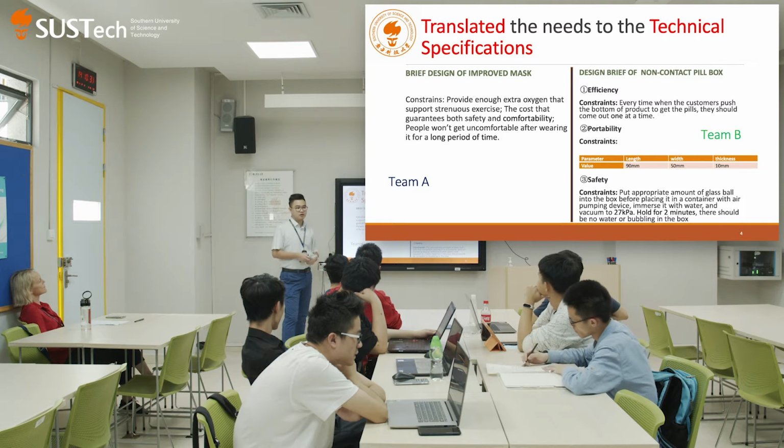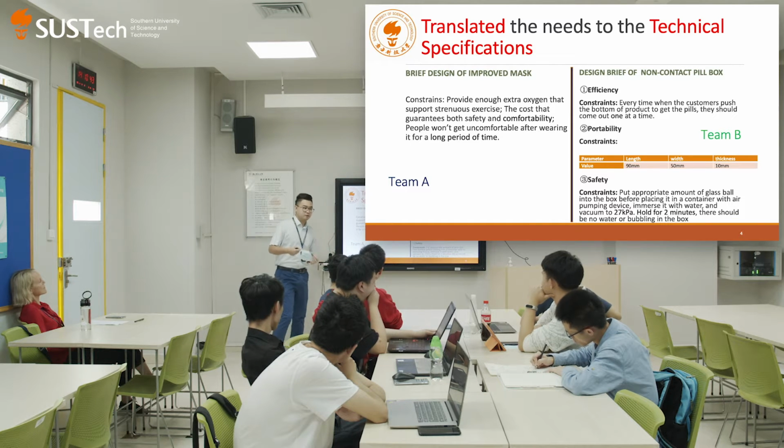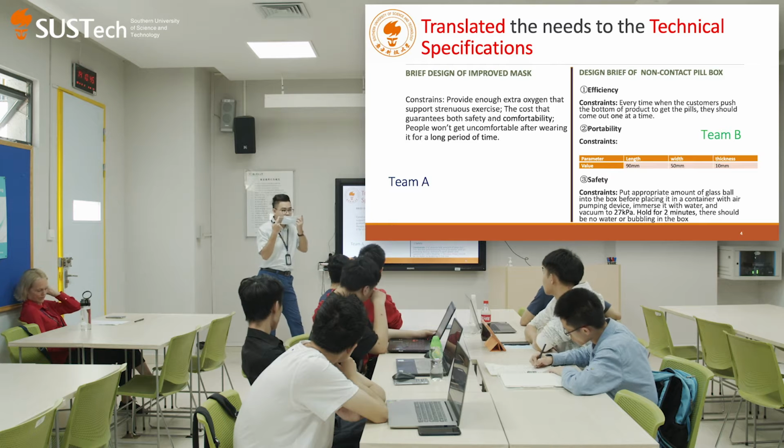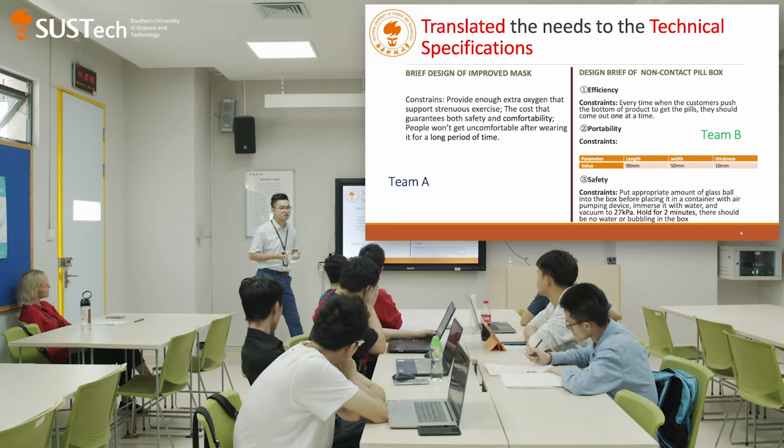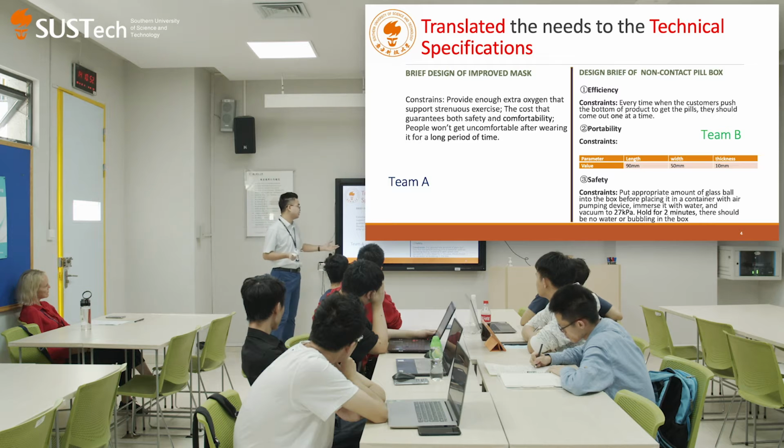Long period of time. How long is a long period of time? For how long? You need to give me the numbers, right? The numbers are important. I need to see the numbers. And you need to investigate for how long a person wearing a facial mask will create scratches, right? So you need to do more investigation on that.